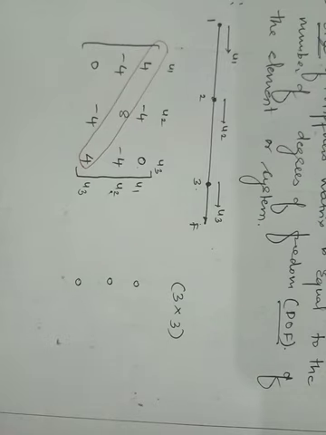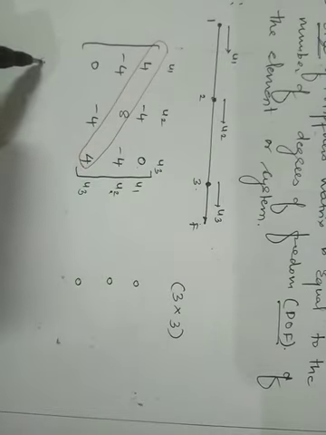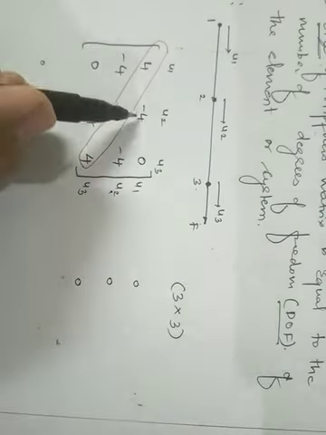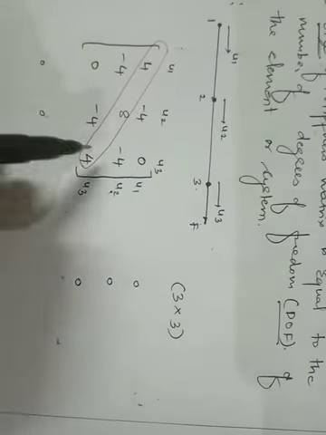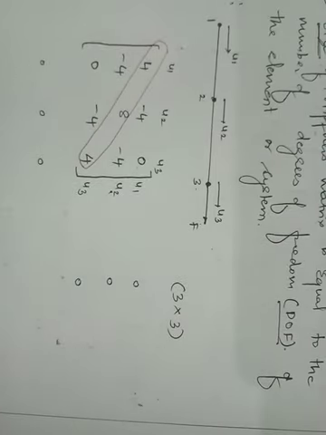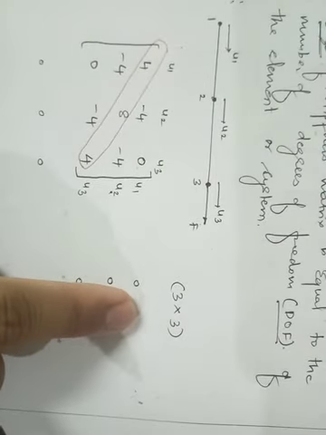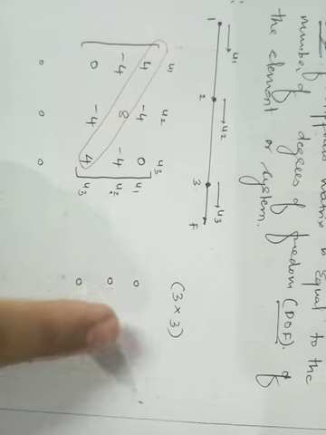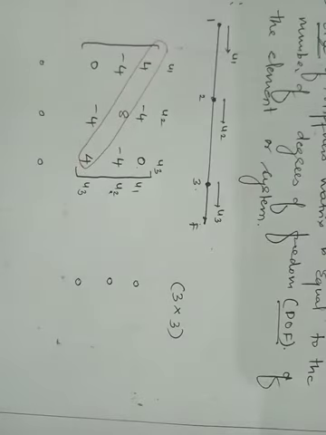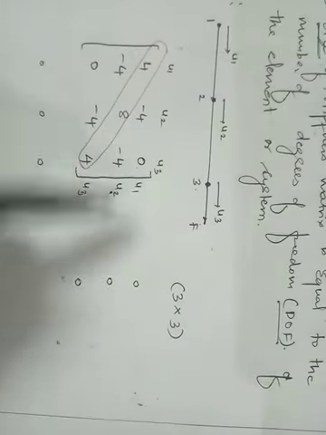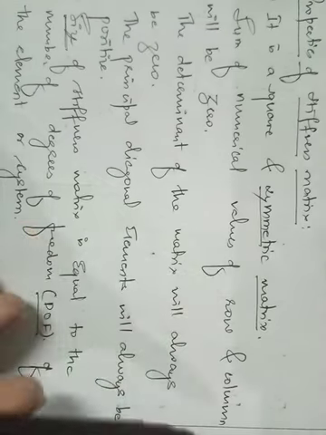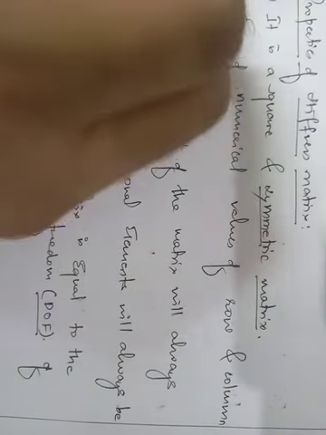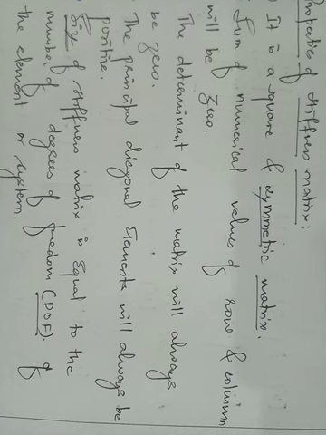Now let me check the columns. 4 and -4 is 0. -4 and -4 is -8, and there is also +8, so it becomes 0. 4 and -4 once again is 0. You can check that the sum of all the rows as well as columns is equal to 0. So that is the meaning of the second property: the sum of numerical values of rows and columns will be 0. That is also a property of the stiffness matrix.